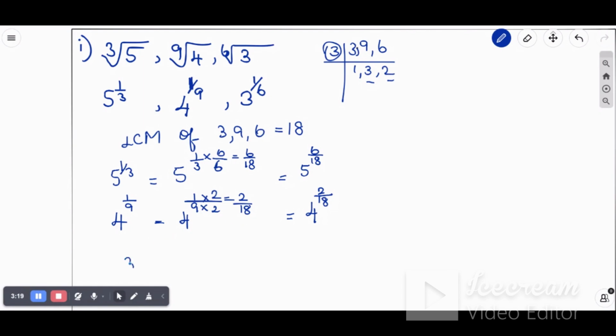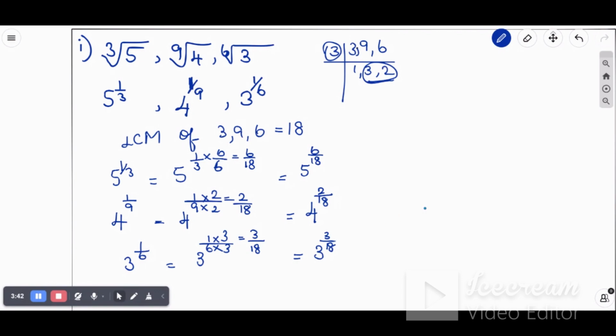And the third one is 3 to the power 1 by 6. We can write this as 3 to the power 1 by 6 into 6. If you are still not clear, 6 is taken out and you put the 3. So this will be 3 by 18, so it becomes 3 to the power 3 by 18.